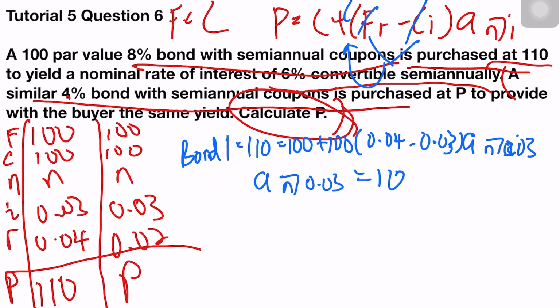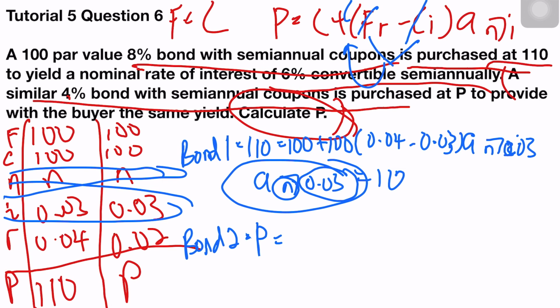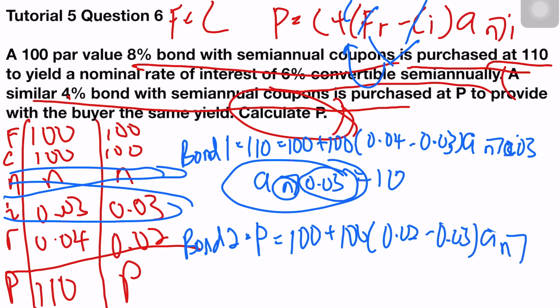We do not need to find the n here, because the n for the two bonds are equal, and the I is also equal, so we can just use this notation to calculate the price of bond 2. So for bond 2, P equals 100 plus 100 times (0.02 minus 0.03) A. So the P will be 90. This is the price of the second bond. Thank you very much.